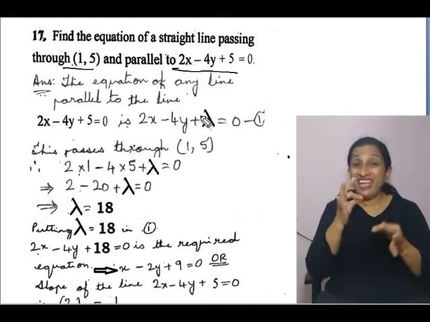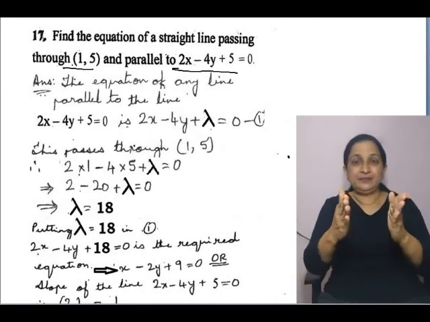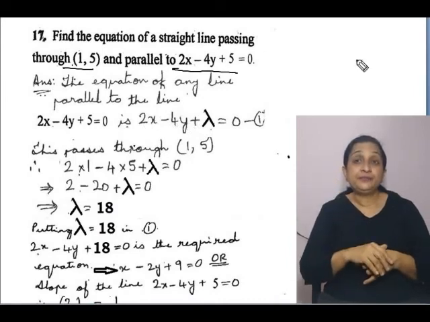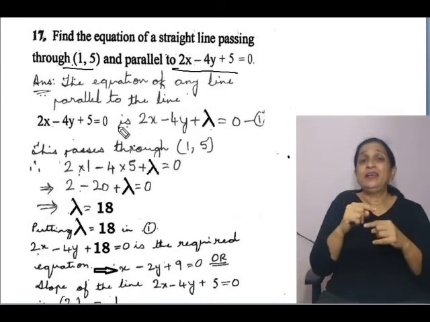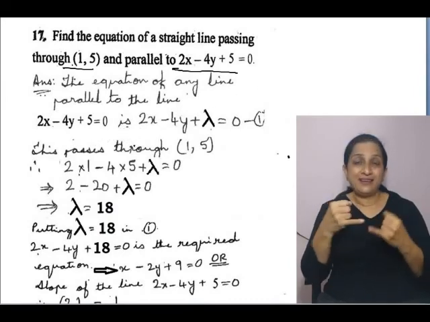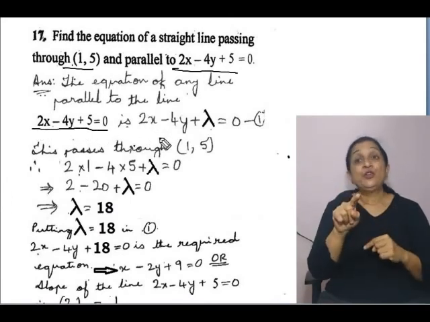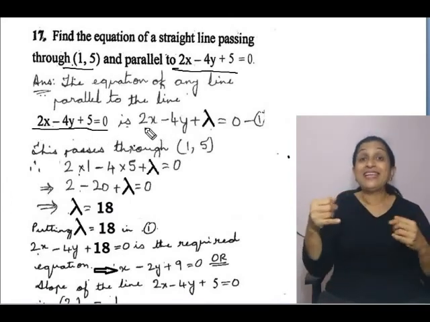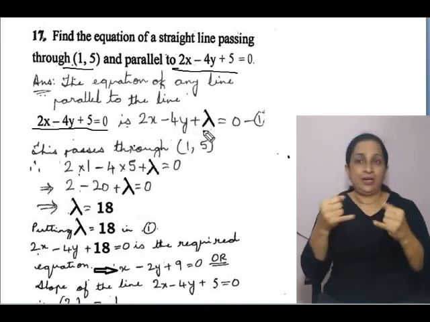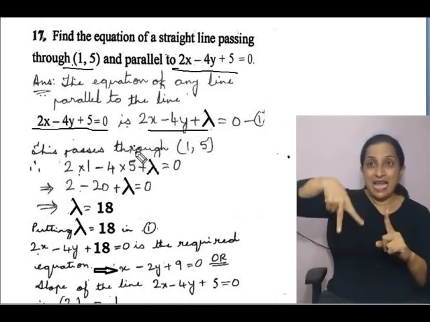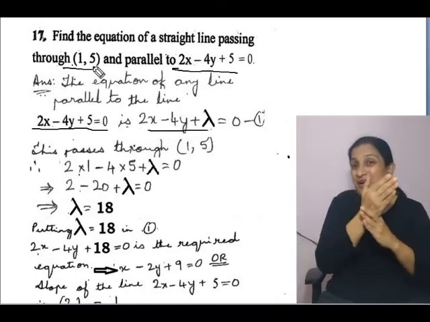The equation of any line parallel to the given line is given by, supposing this is the equation, and you are asked to find the line which is parallel, it is given by 2x minus 4y plus lambda is equal to 0. Both of these are parallel, and this passes through 1 and 5, isn't it?